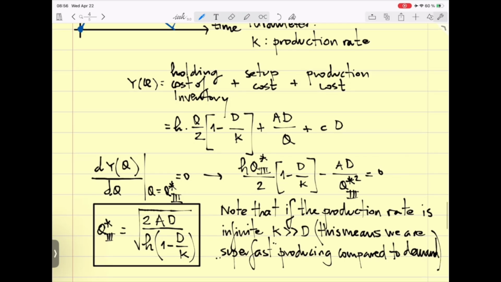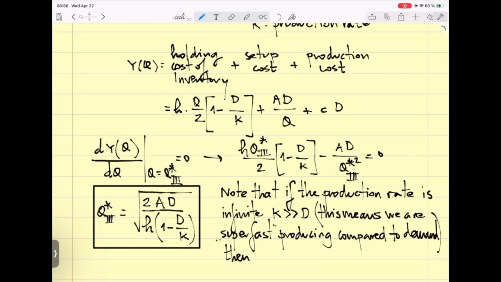Then 1 minus D divided by K is almost 1, and then the economic order quantity of the third model is almost the same as the economic order quantity of the first model.